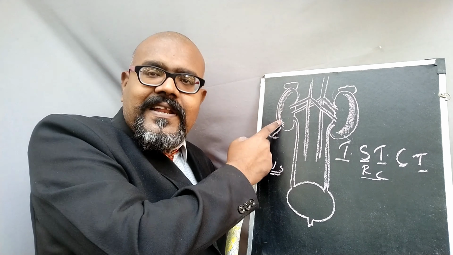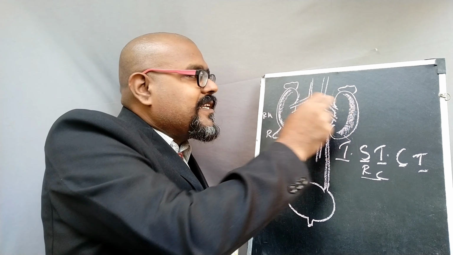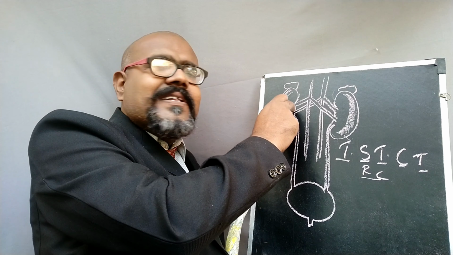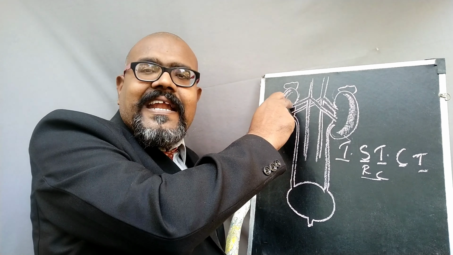The junction portion where the renal artery and the renal vein enter the kidney is called the renal hilum. Along with the renal artery and renal vein, one more tube emerges from the kidney, that is called the ureter.